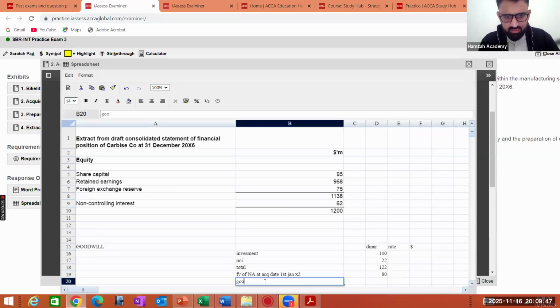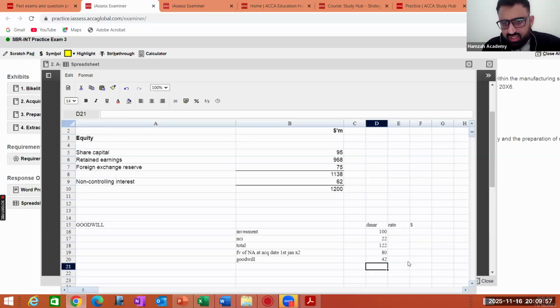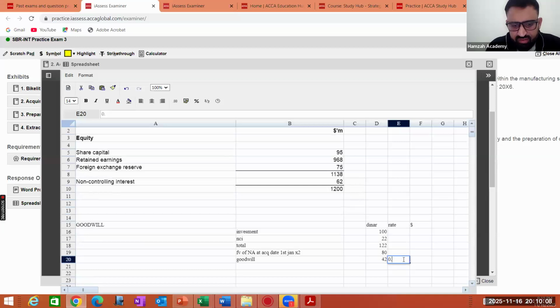So the goodwill will be 80 at the date of acquisition. And the exchange rate, most important thing, exchange rate at the date of acquisition was 0.5.